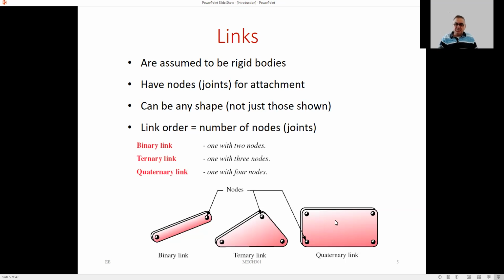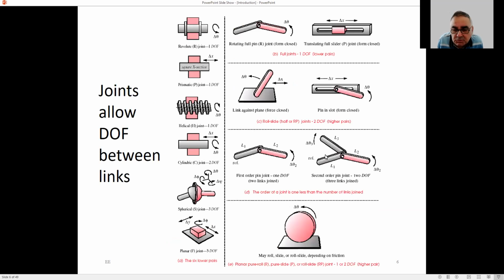And a quaternary link can be connected to 4 different links, etc. So this is the order of the link. I'm trying to introduce some of the terminology here, which we will be using throughout the course.